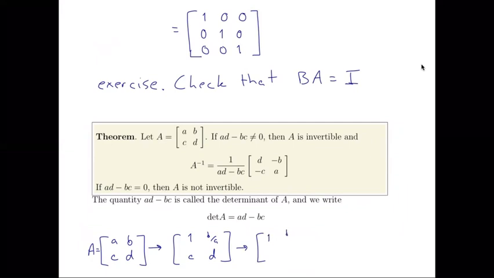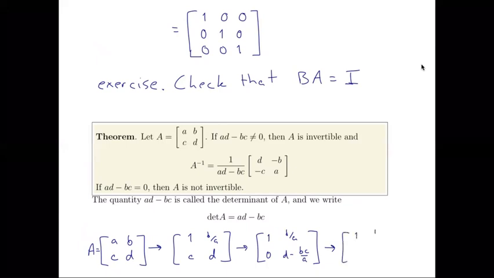So the first row is unchanged, and we have 0, and then we have d minus b times c over a. So that came about. And if we wanted to put a leading 1 here, or multiply both sides by a to make this maybe a little bit more, connect this to the determinant, which is the goal of this.